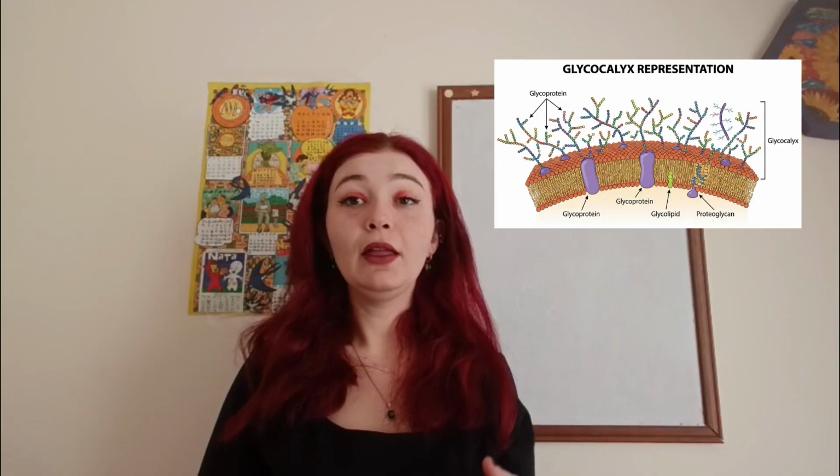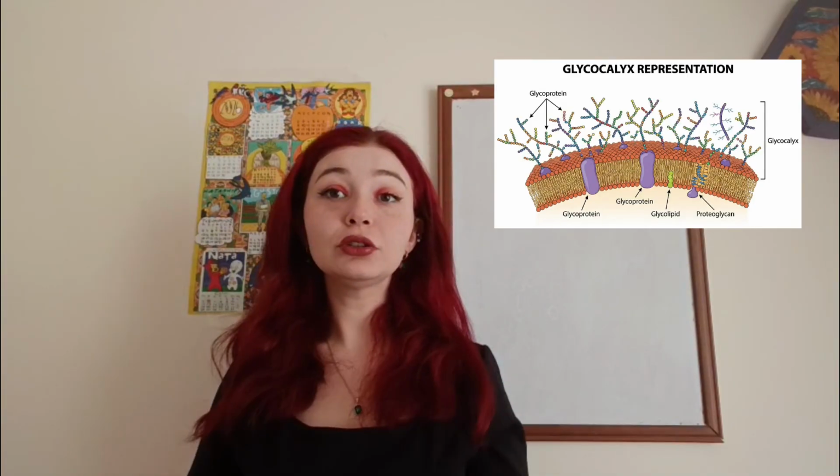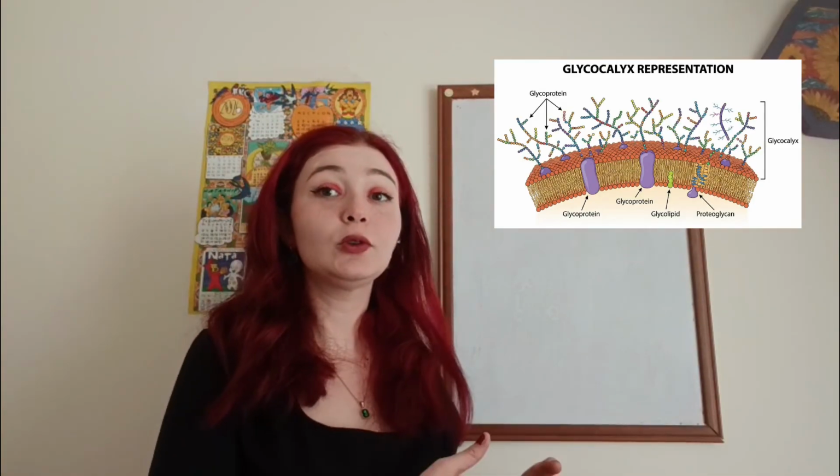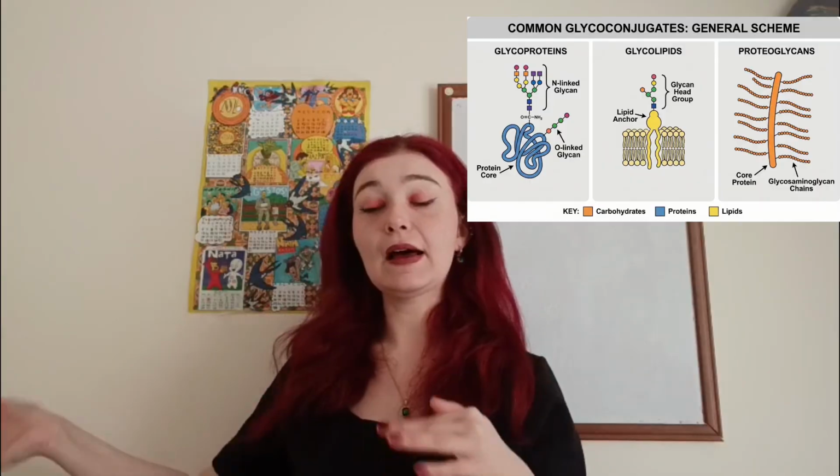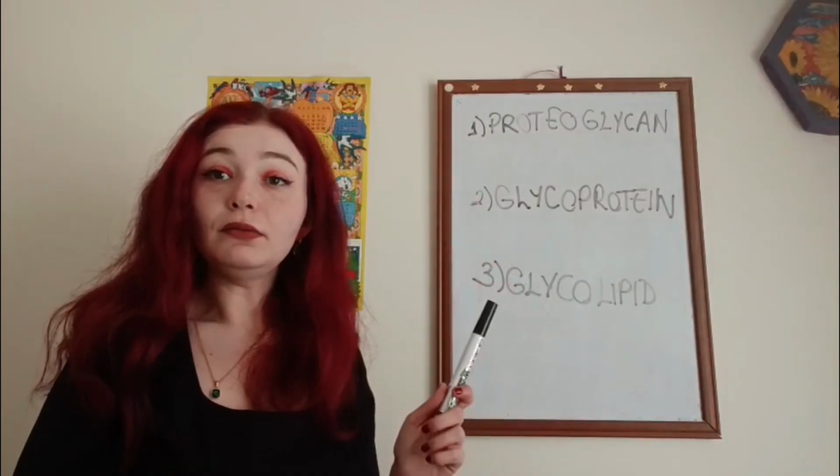It's covered in a dense, forest-like layer of microscopic sugars called the glycocalyx. When a sugar covalently binds to a peptide or a lipid, it forms something called glycoconjugates. And this is how cells communicate.